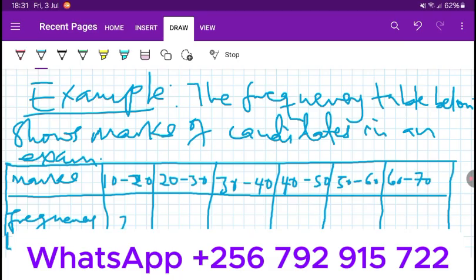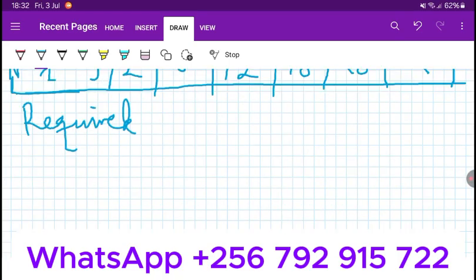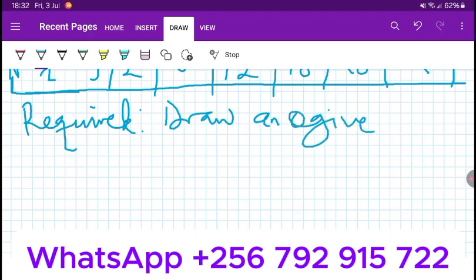Then this one is a 2, frequency 2, this is 8, this is 12, this is 18, this is 28, this is 22, and of course the required is for us to draw an Ogive to represent the data.